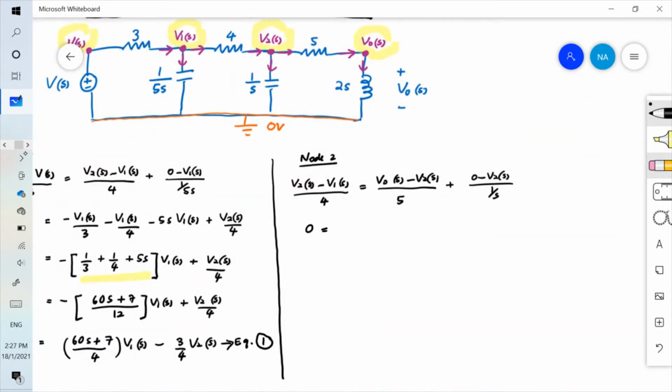So it becomes 0 equals to since you have the common V2 term, so you need to simplify that.